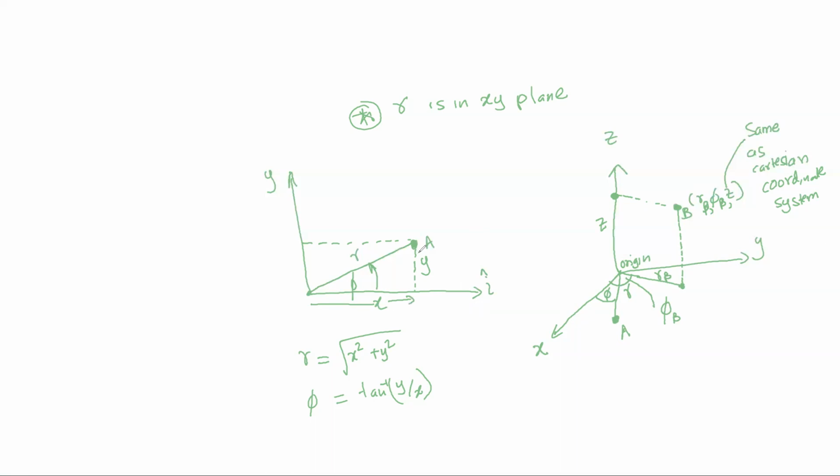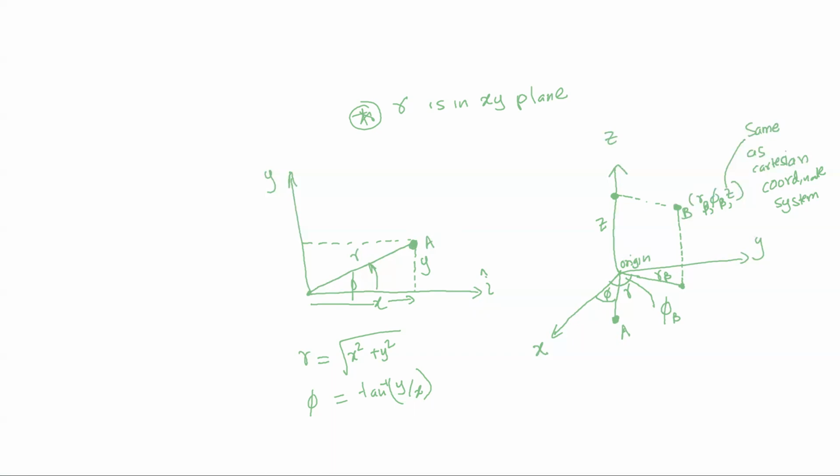So x, y are the magnitudes along the x-axis and y-axis. So using those magnitudes, we can find the angle: tan phi equals y over x. So the inverse tan of y over x will give the angle that we form from the x-axis to the point that we are considering. So I hope that is clear to you.